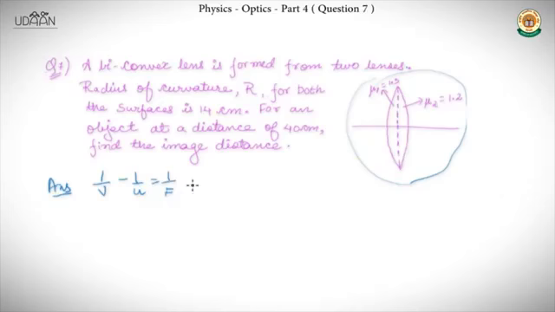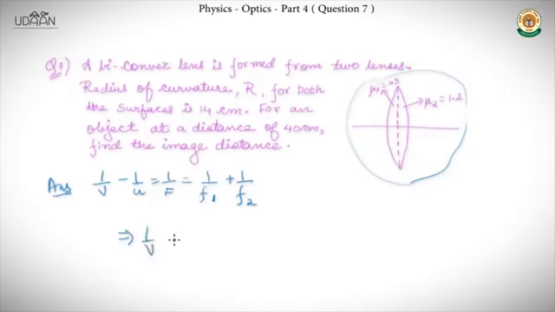So here the 1 by f of the combination will be the sum of the individual reciprocals of the focal lengths of each lens. So it will be 1 by f1 plus 1 by f2. Now we use the lens maker formula for f1 and f2.